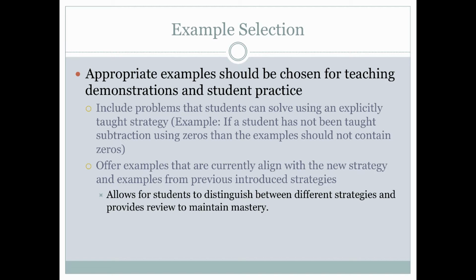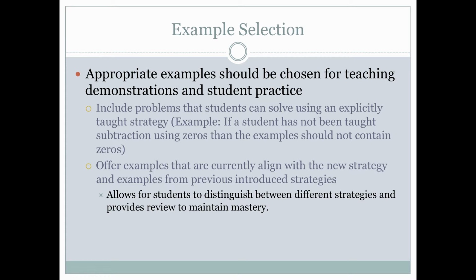What you got to make sure is that they can solve that problem using the strategy. So we want real simple. So if a student hasn't been taught subtraction using the null symbol of 0, then we shouldn't use that. It's comparable to reading.